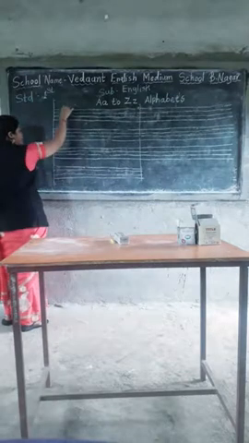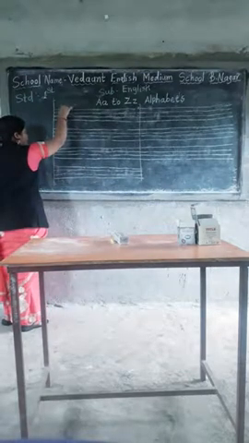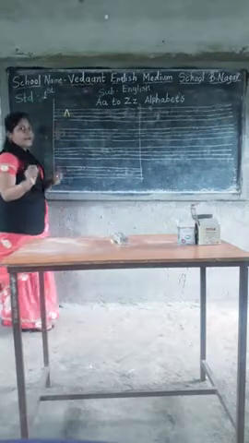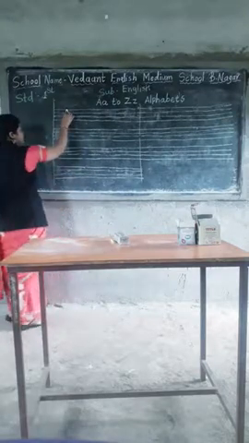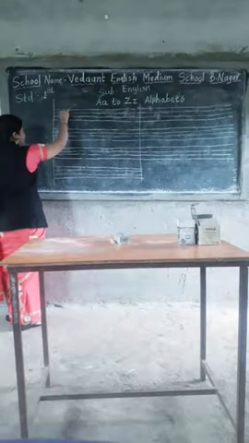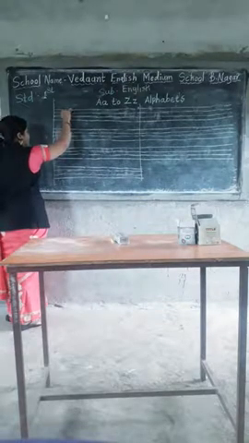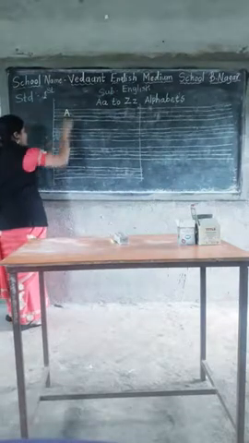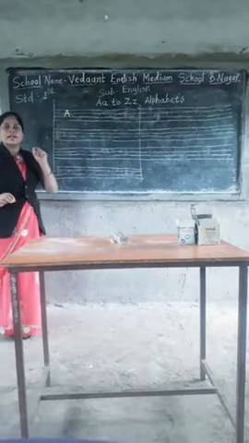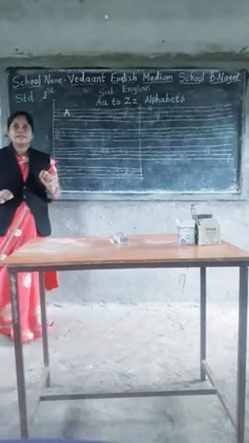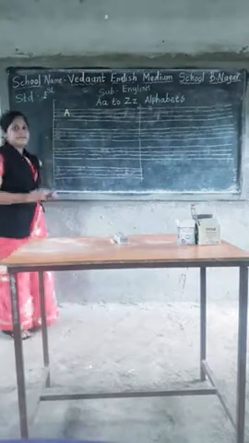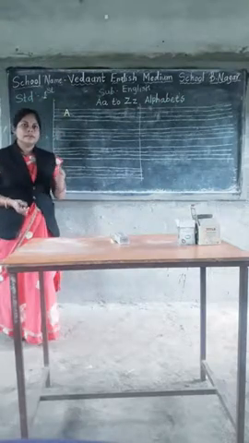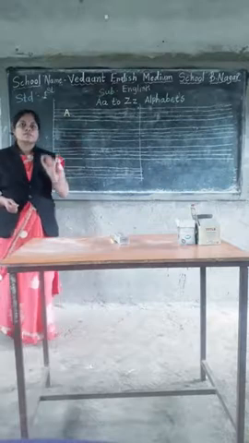After that go to the top again and draw another slanting line in this way, and after that we go to the middle line and draw a sleeping line in this way. So it is capital A. After that we will write the small a.